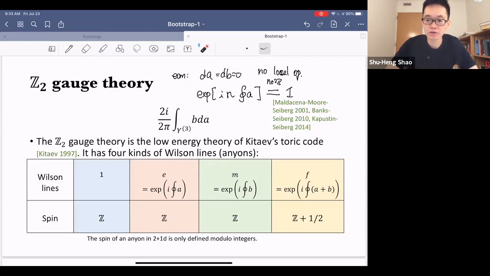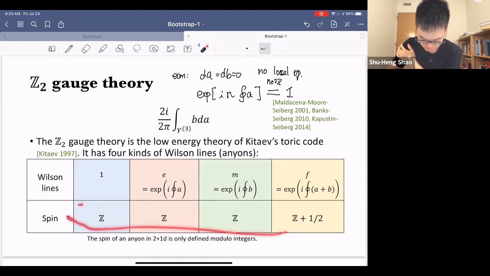But as you go to low energy, it's only meaningful to measure the spin modulo integer. And those integers show up in the braiding phases of all these Wilson lines. You can show that the spins are given as follows. Three of them are integer spins, meaning that they are boson lines.